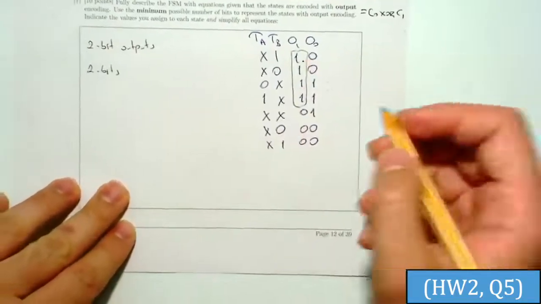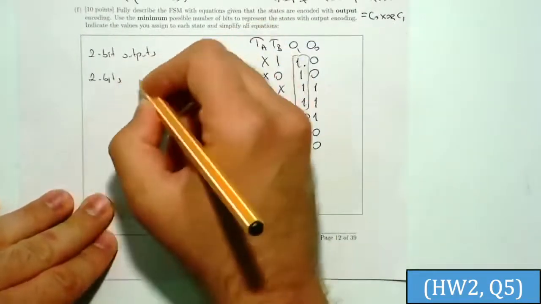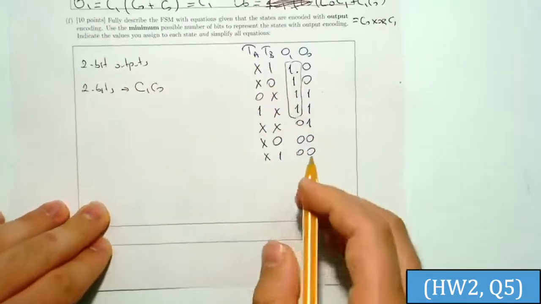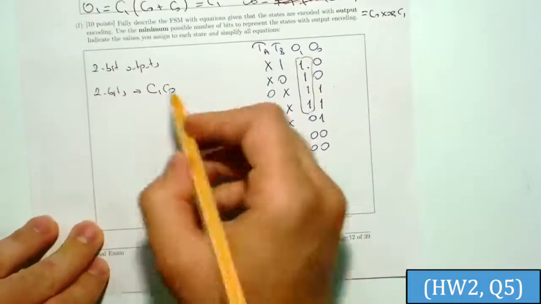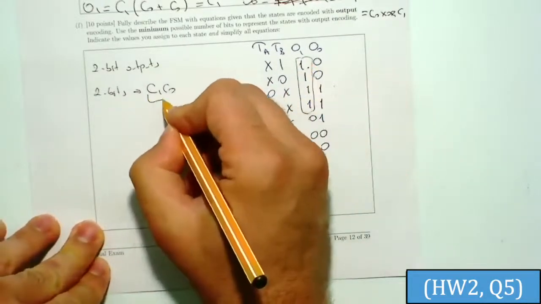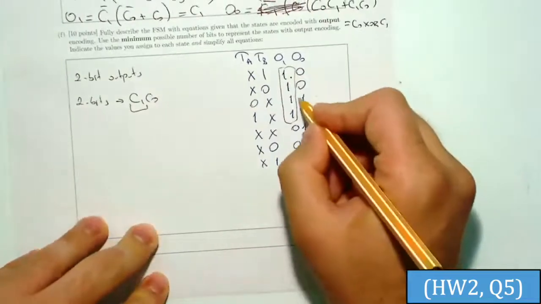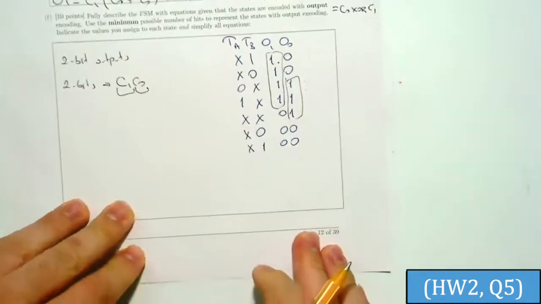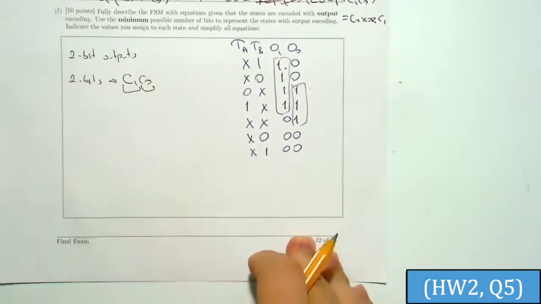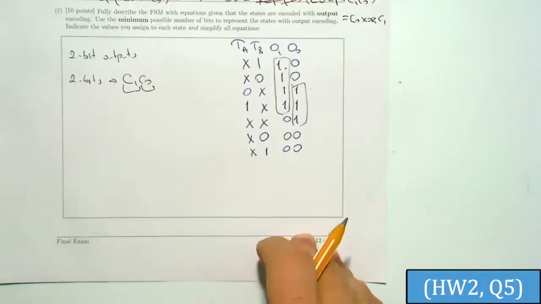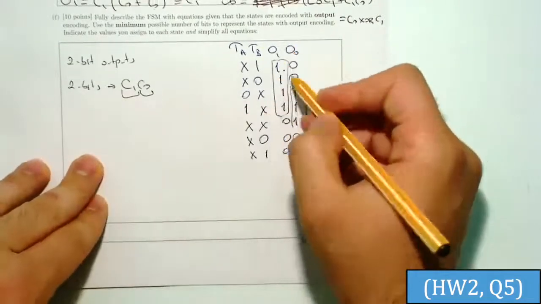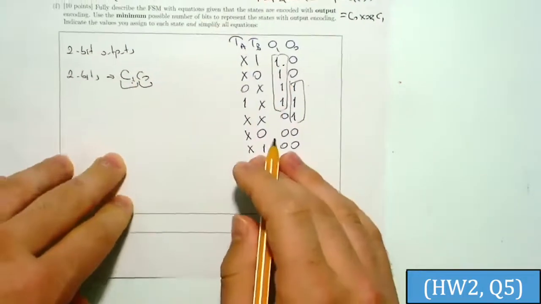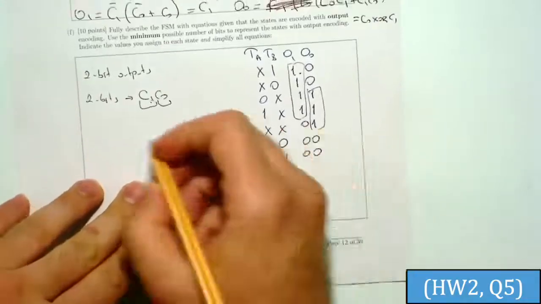So let's say that I'll use 2 bits for the states, C1 and C0. Let's ensure that, for example, the output 1 is only determined by C1, and the output 0 is only determined by C0. So how can I then write the encoding in a correct manner so that the output 1 is only determined by C1 and the output 0 only by C0? So you can write it as follows.